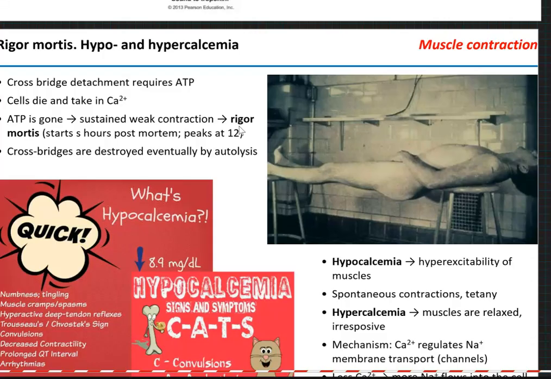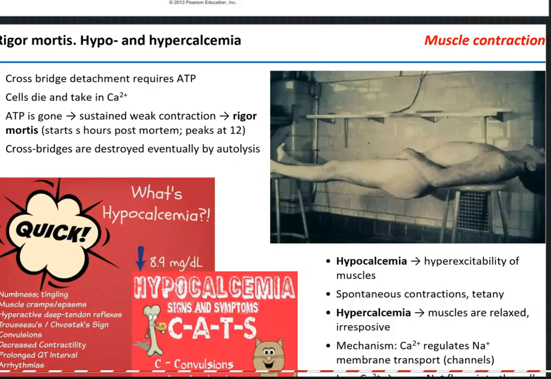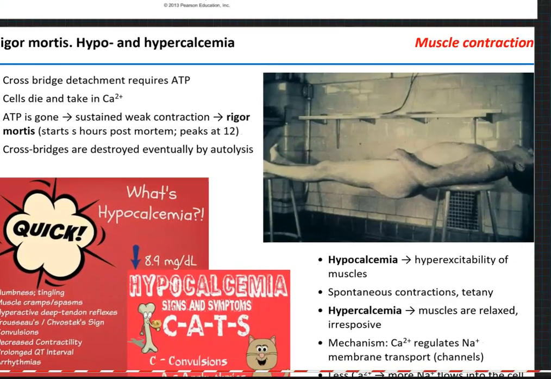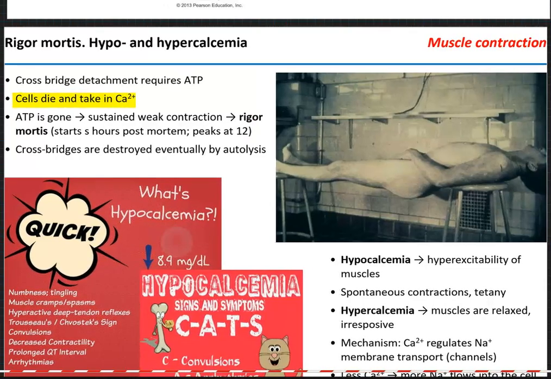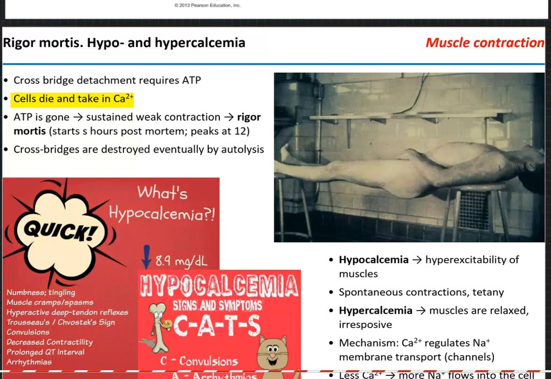Getting there? No, that's for the dead. That's for dead bodies, okay? So, here's the deal. When cells die, one of the things they do is take in calcium. At the same time, they don't produce ATP anymore.